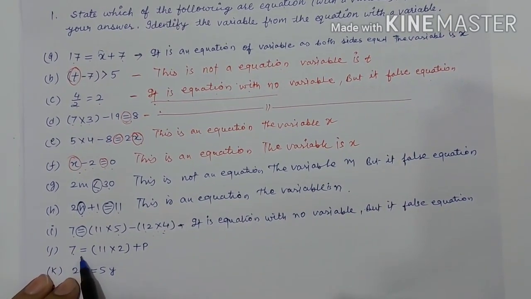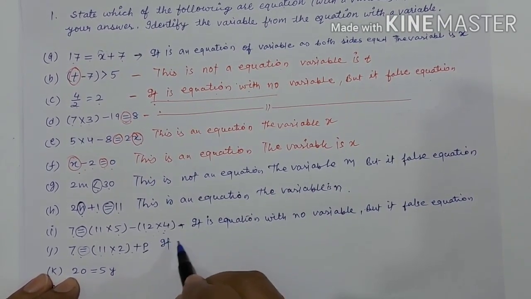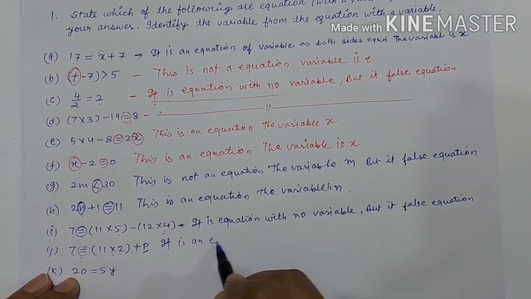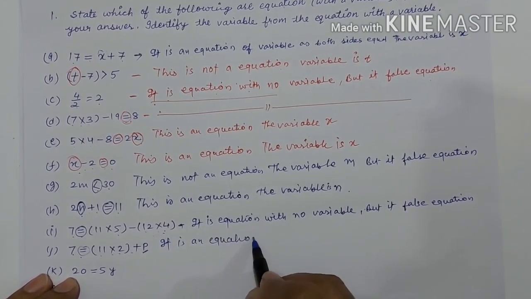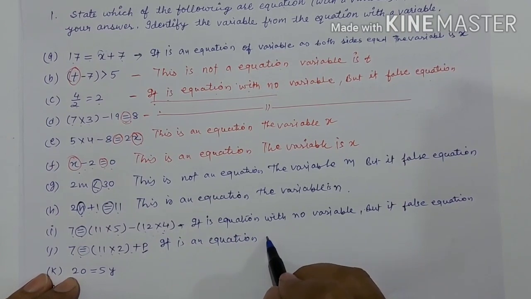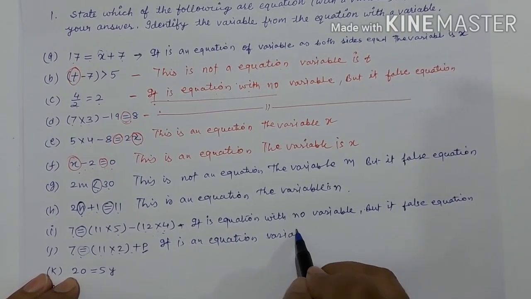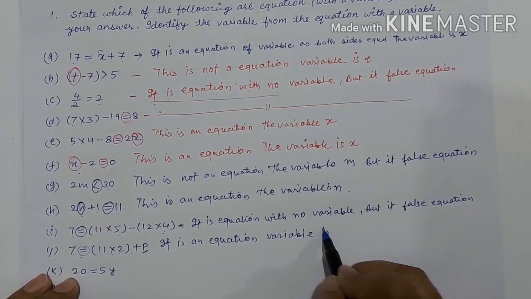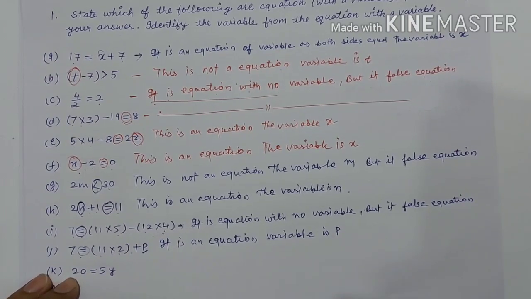Next, 7 = 11 × 2 + p. The variable is p, and an equal to sign means it is an equation, and the variable is p.